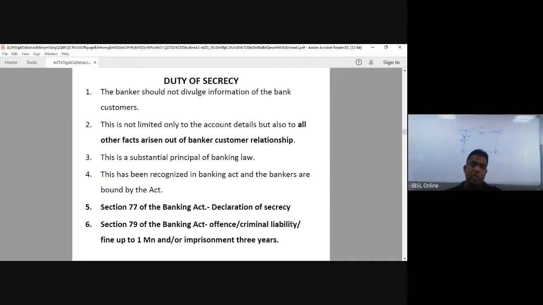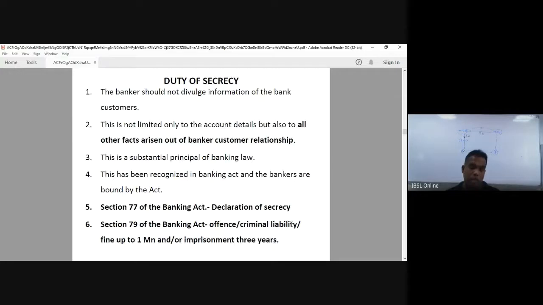It is not limited to the account details, but also all other facts arisen out of the banker-customer relationship. So if any information, any fact, any data came to the knowledge of the banker under the banker-customer relationship, it is secured by the duty of secrecy.